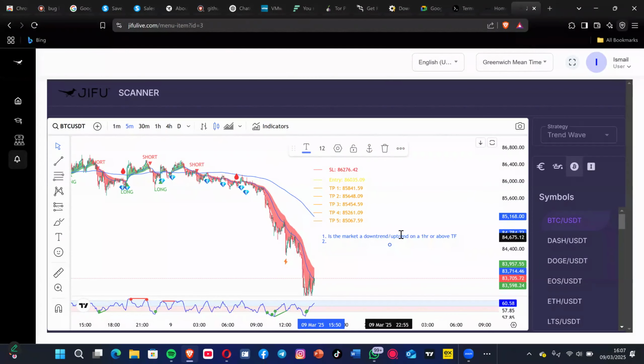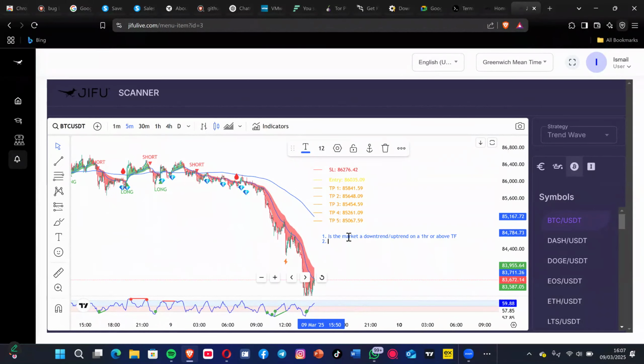So the first one is whether the market is uptrend or downtrend. Now it's a downtrend. You know that. Second thing is, you see this EMA, it is called the primary EMA. Now, is the market below or above it? Right now, is it below? It's below. Good.